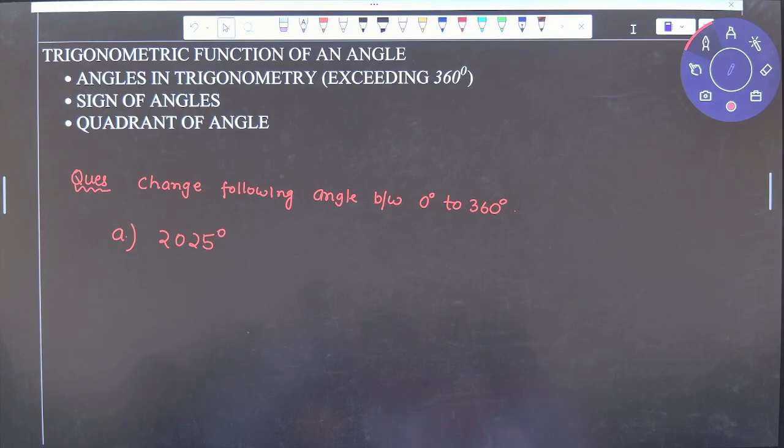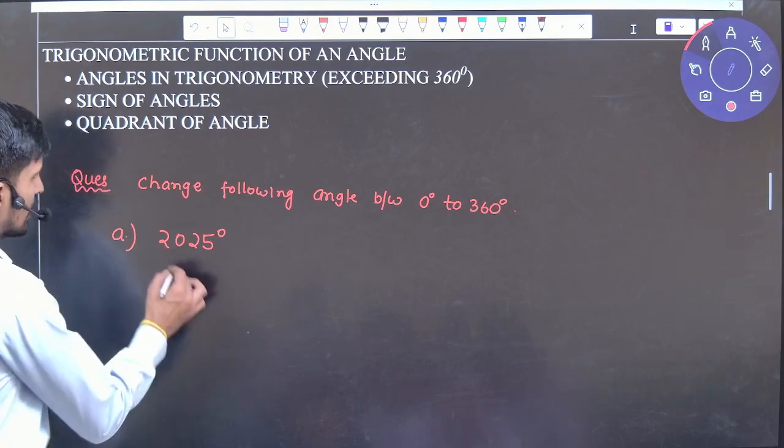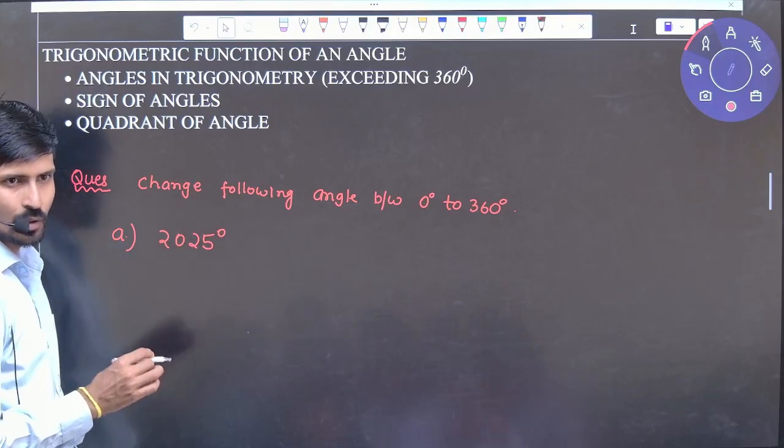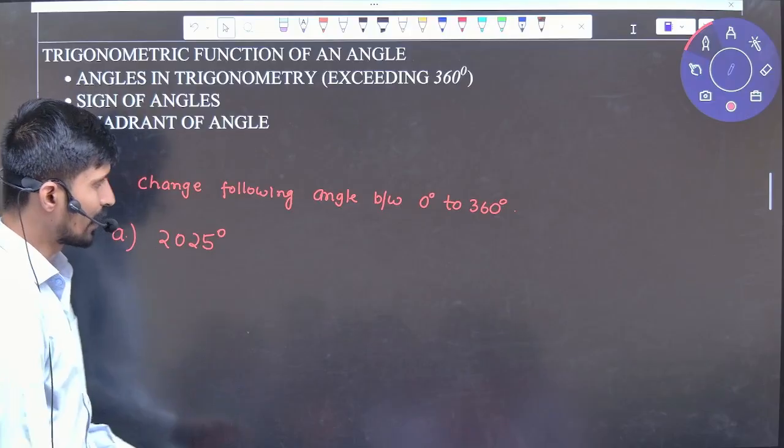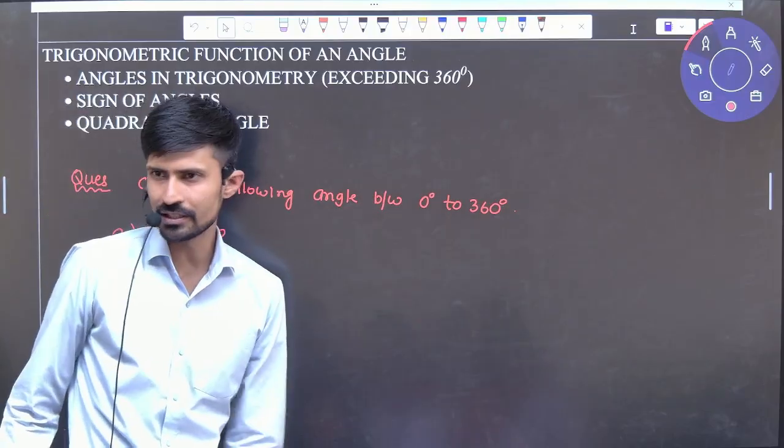This is 2025 degree. I want to check which angle between 0 to 360 degree this 2025 degree will represent.